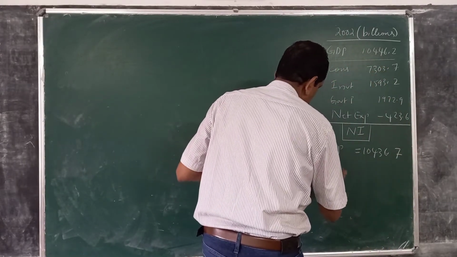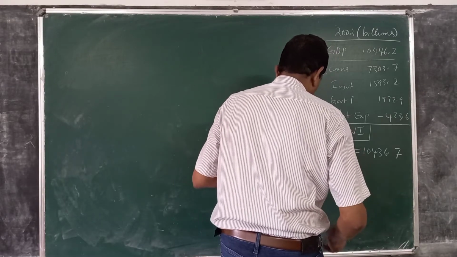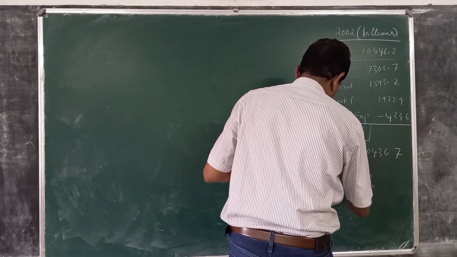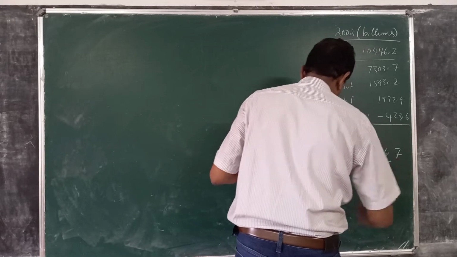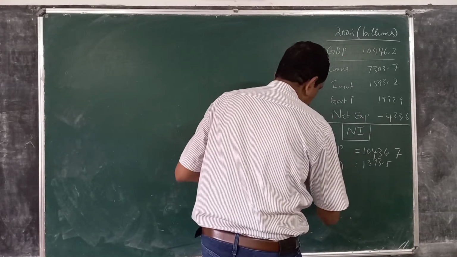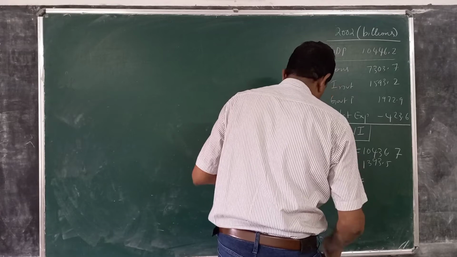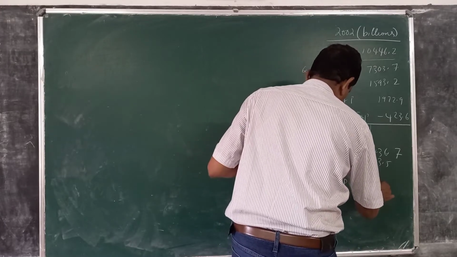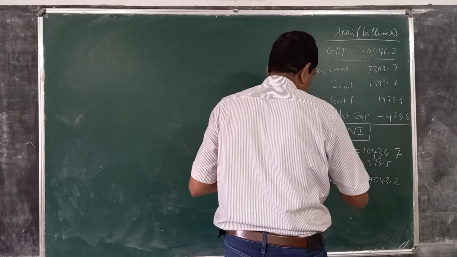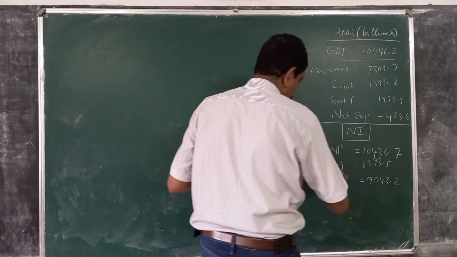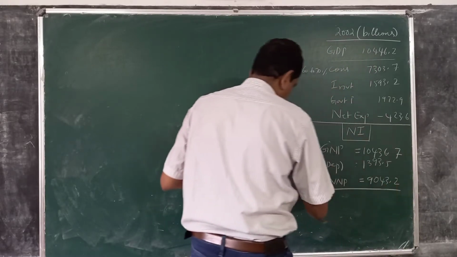GNP minus depreciation, 1393.5, will give you NNP, net national product. So, from GNP we subtract depreciation, that will give you NNP.